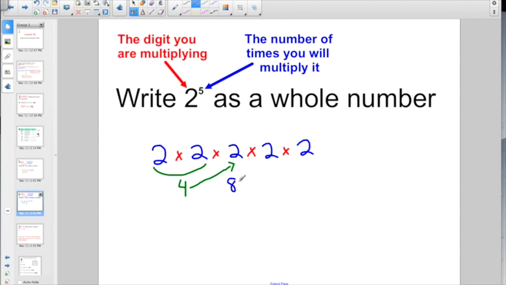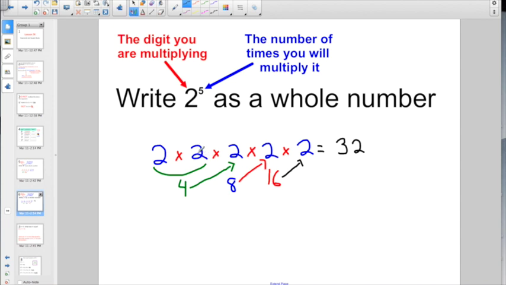Then I take that product and multiply it by the next number. 8 times 2, hey, that's going to give me 16. And lastly, I'm going to go 16 times 2, and that's going to equal 32. So 2 to the 5th power really equals 32.